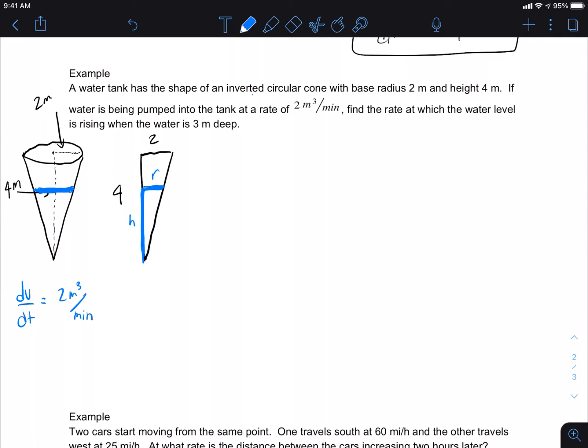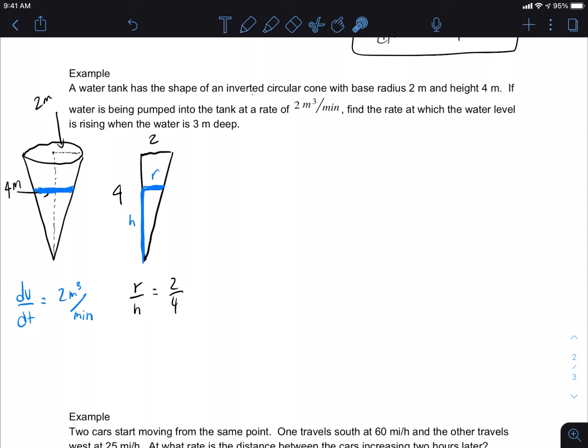So one of the things that I can do now is set up a ratio comparison, right? Because if they're similar triangles, we know similar triangles have similar ratios. So my R over H should be the same ratio as 2 over 4. Agreed? Okay, now the important thing to find out here, and what we want to substitute for, matters in the question that we're being asked to find.